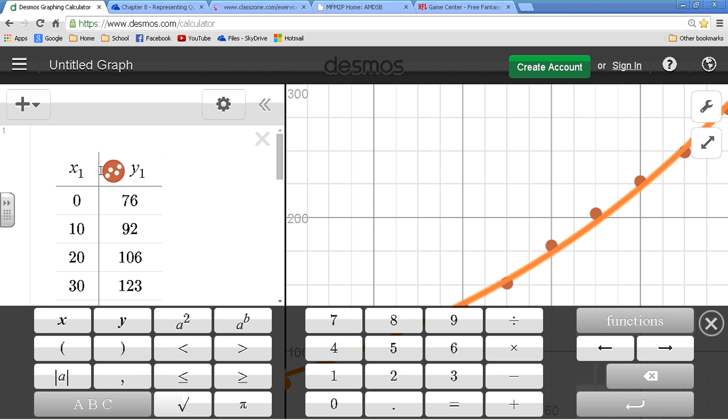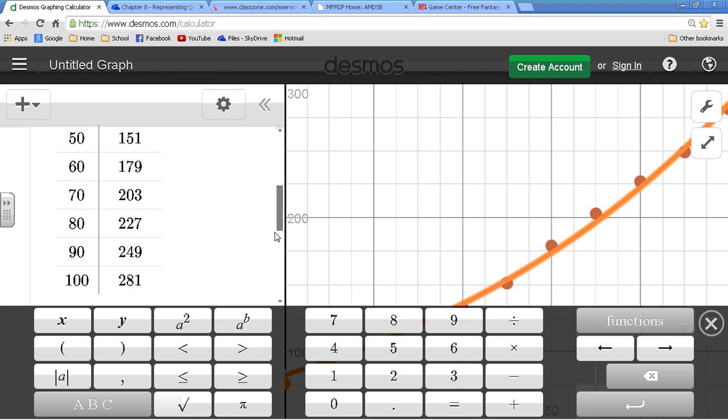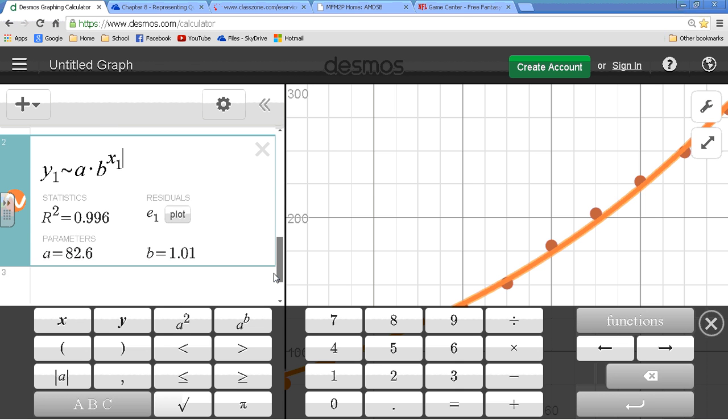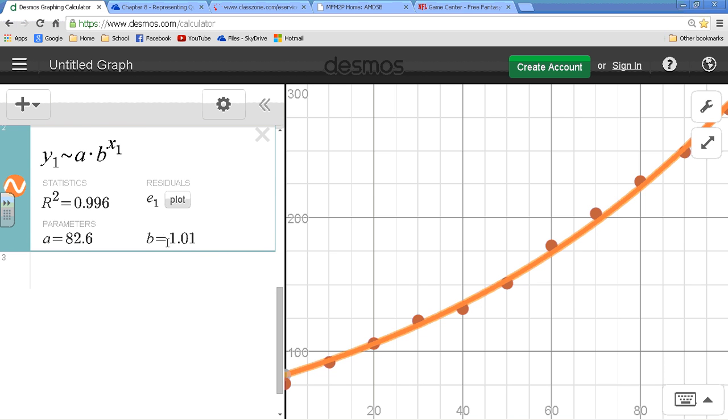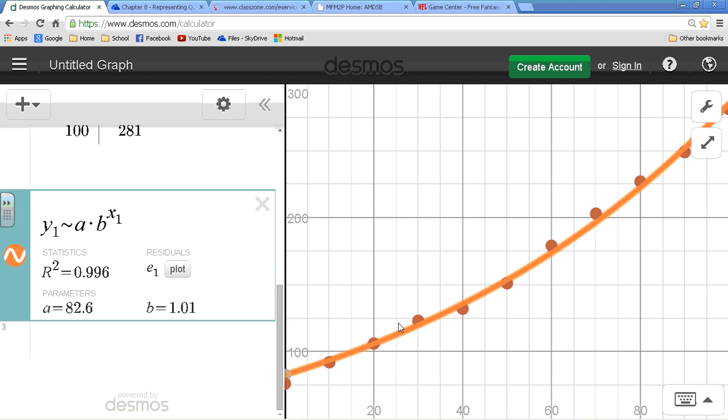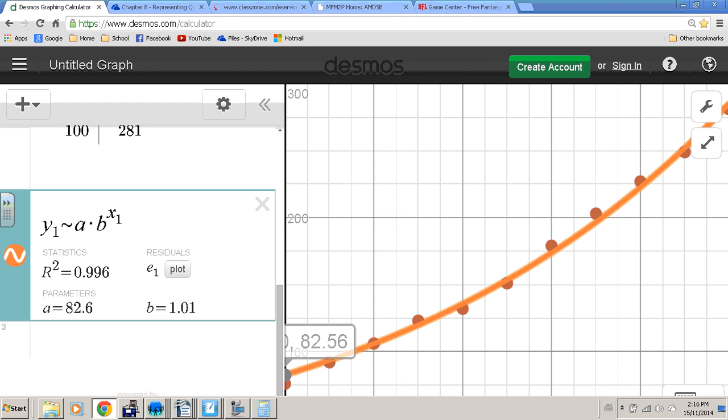Did you see when I put in the table, x1, y1? And there it plotted it, and there are my values. Okay, my a1 is 82.6, and my b1 is 1.01. It would have been nice if I got a couple more decimal places there. I wonder if I can get it from here. No, I can't. But that gives me a decent idea.